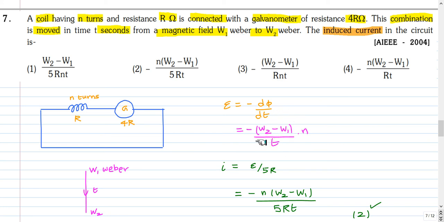So the change of flux is W2 minus W1 in the amount of time t, and this is the change in flux of a single turn. So the total change in flux is multiplied by n, where n is the number of turns, and the induced current is the EMF divided by the total resistance, which is 5R. So from this we get the induced current as minus n into W2 minus W1 divided by 5RT. The correct option is option 2.